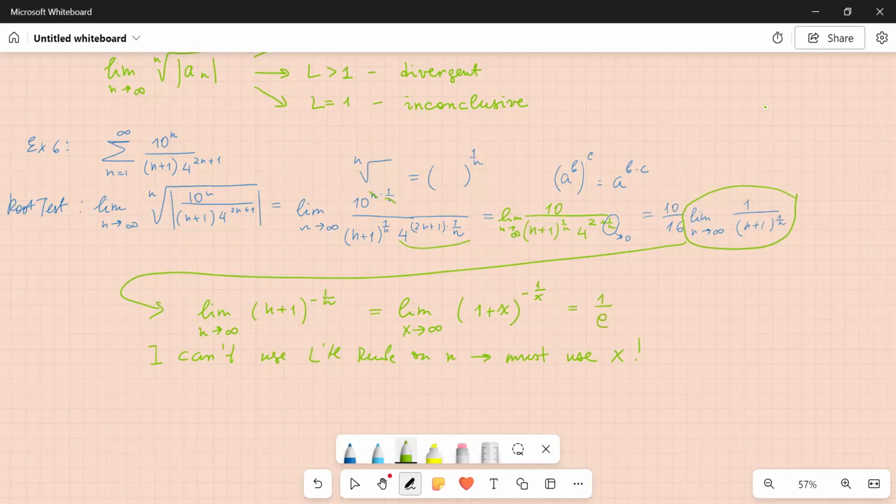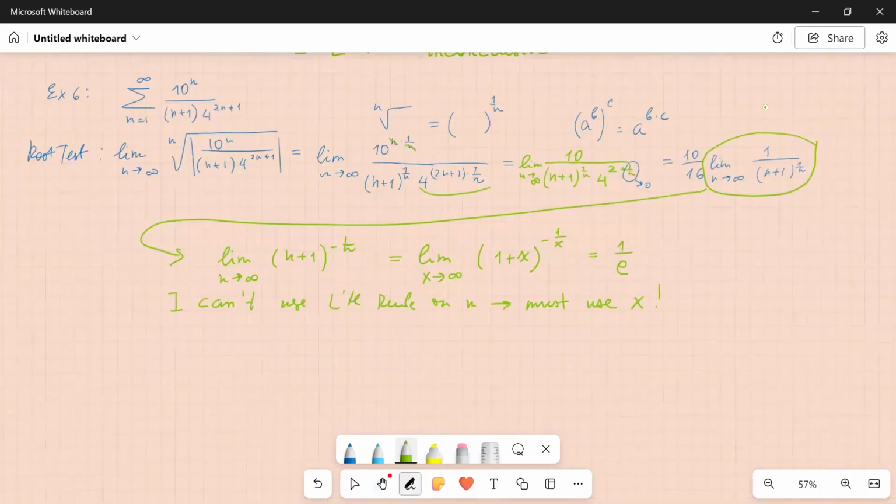But let's use L'Hopital's rule. If I already promised L'Hopital's rule, why not? Over here we have infinity. So actually I'm not writing down 1 over e, because here x does not go to 0. It's supposed to go to 0 to give me e.